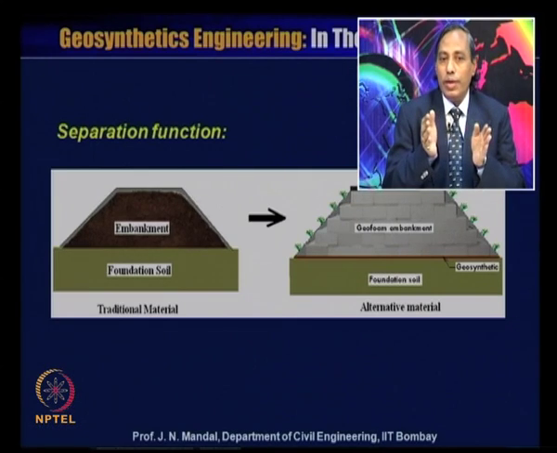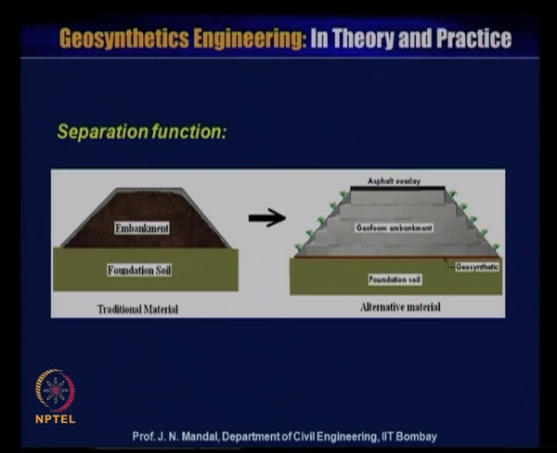If you adopt the alternative system, you do not need that; in the traditional method you fill up with good quality graded material for the construction of the embankment. As an alternative to this system, you can see on the right hand side that you can place one layer of this synthetic material, and on top of that you can place the geofoam.